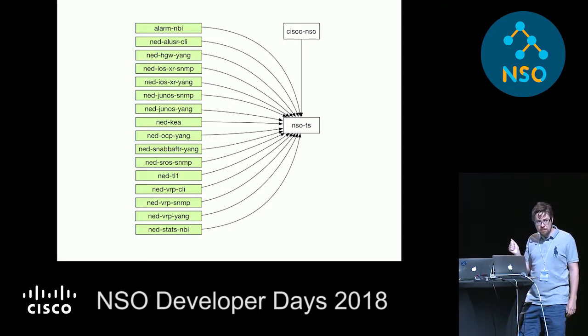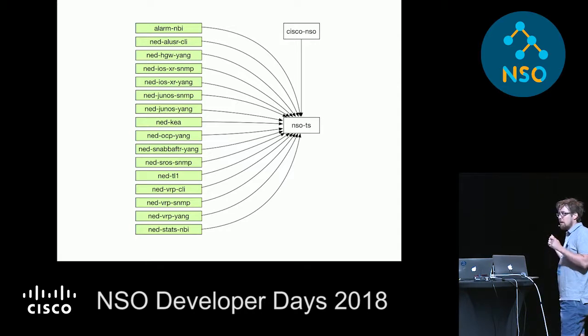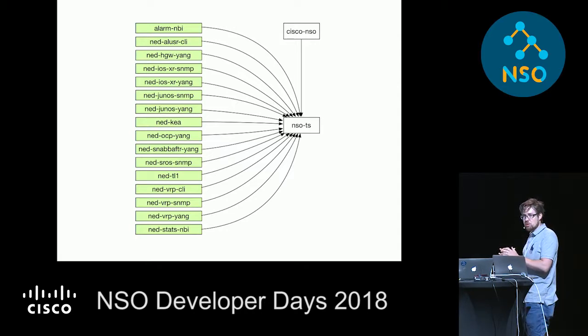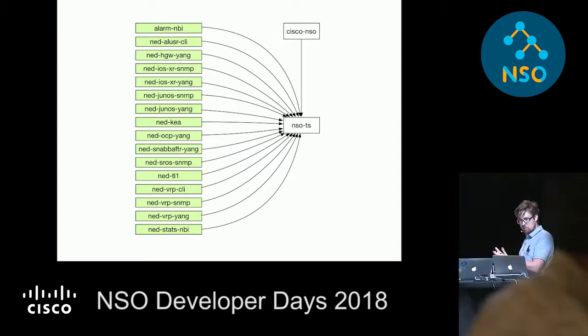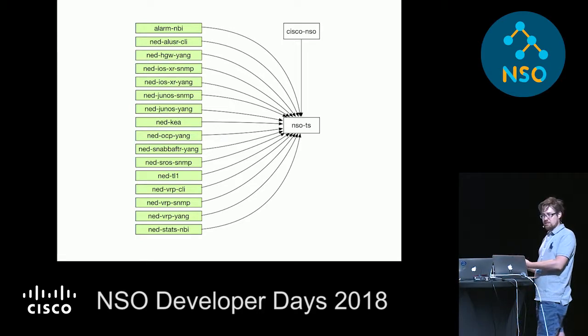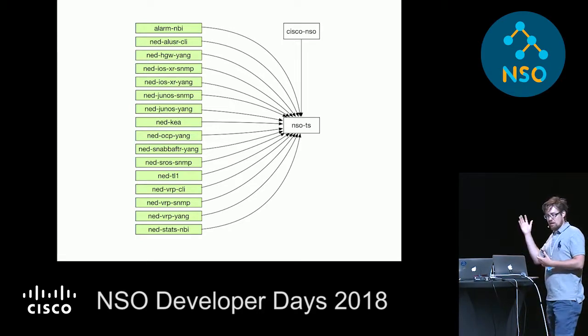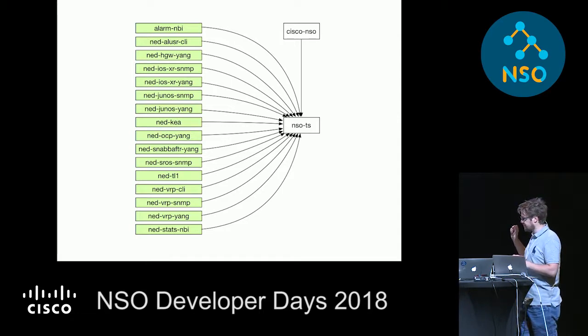But long compilation time wasn't the only reason. What we did before with a single repository, upgrading the NEDs would be tricky. If we had local changes, it would be even trickier. So to solve all of that, this is what we set up, having a single repository per NED.